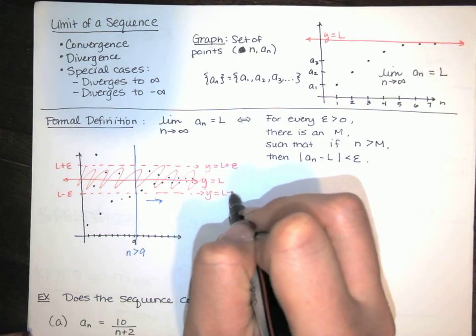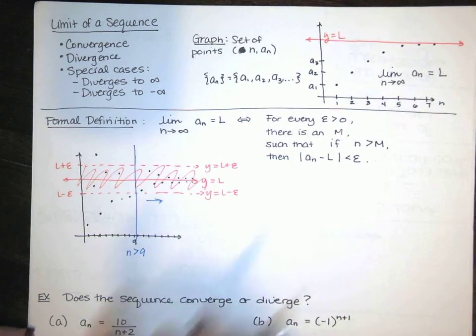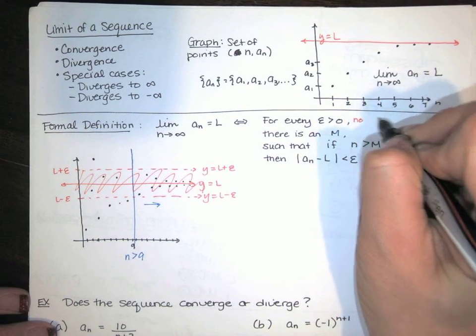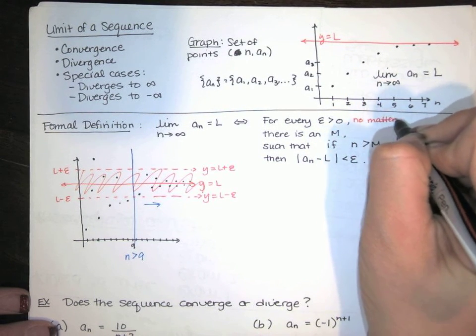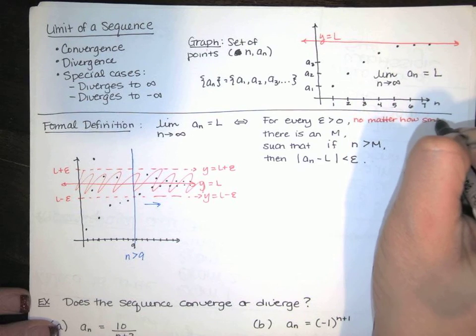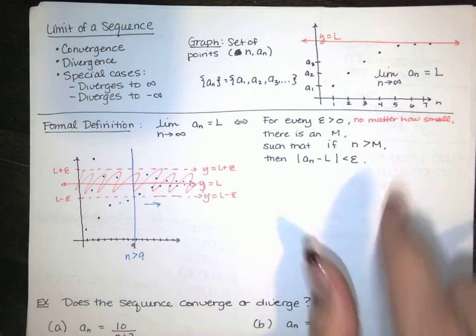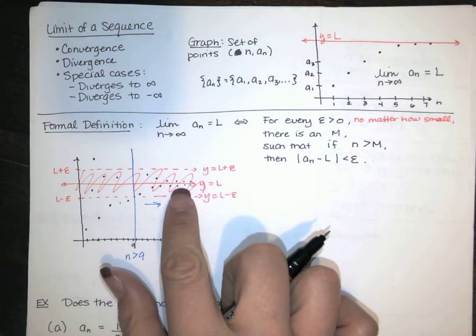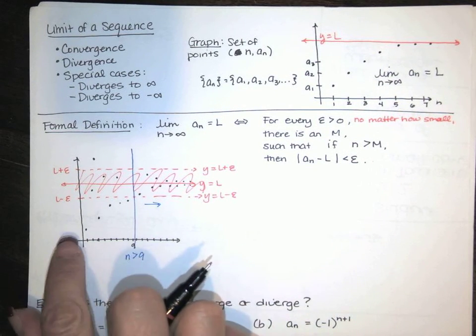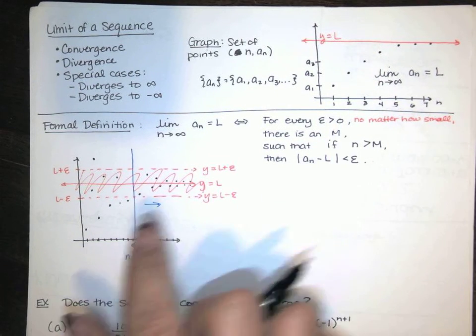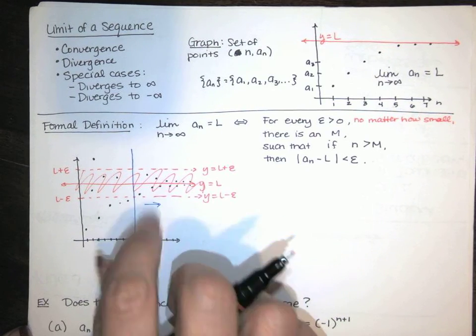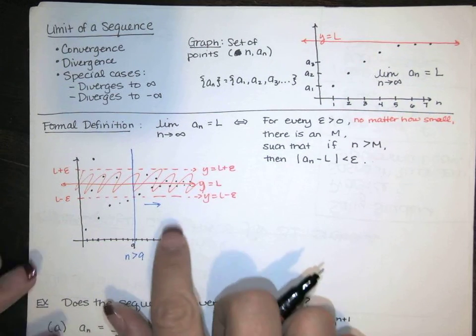And you might say, how does that tell you anything about this behavior? Well, this is for every epsilon greater than 0, no matter how small. No matter what epsilon is, even if epsilon is 0.0001, that limit is 5. If I go far enough down on this list, I can get all of the a sub n values within 0.001 units of 5.